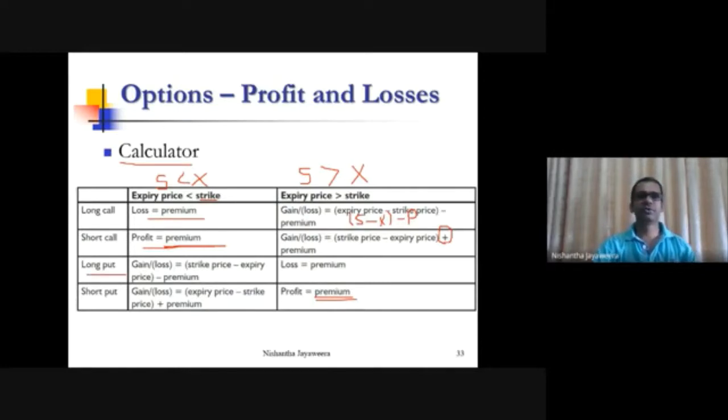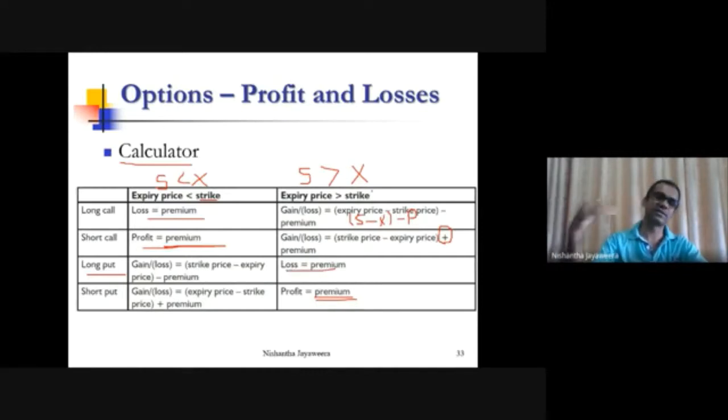In the long put, again, when the spot is less than strike, the buyer will exercise his right. Strike price minus expiry price, minus premium, is the gain for the put option buyer. The loss would be when the spot price is higher than the strike price.